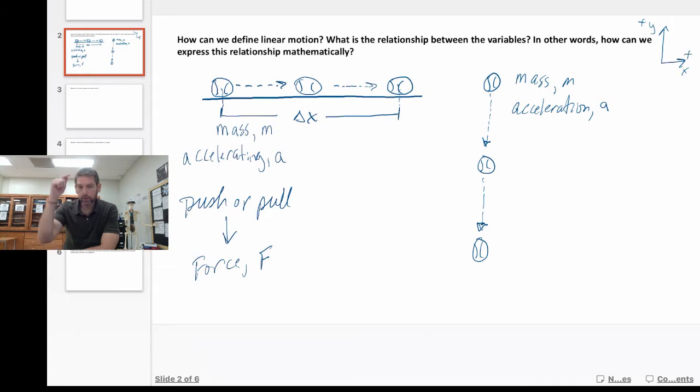But now it's vertical displacement, and that vertical displacement, we know, is a change in y. We put a lowercase g to say that it's acceleration due to gravity. And in this case, it's a pulling force down towards center mass of the planet.